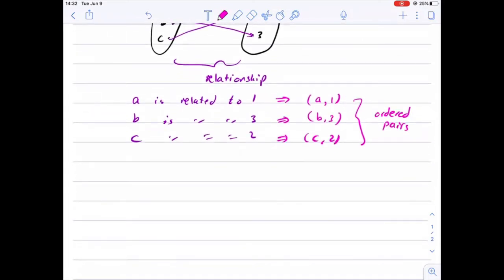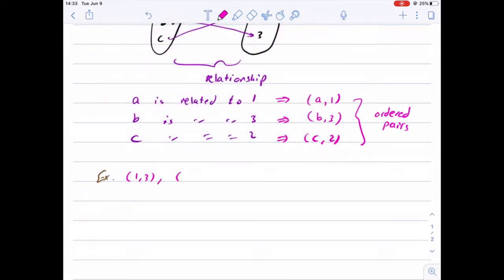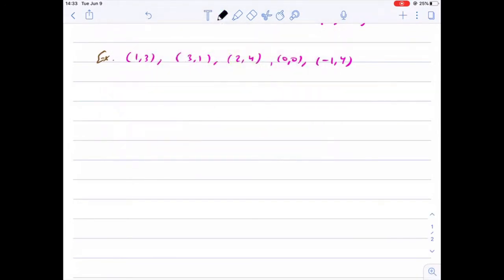So when we have some ordered pairs like (1, 3), (3, 1), (2, 4), (0, 0), (negative 1, 4), and we want to represent them using rectangular coordinates, we have the x-axis and y-axis.